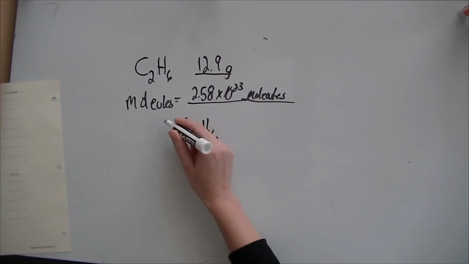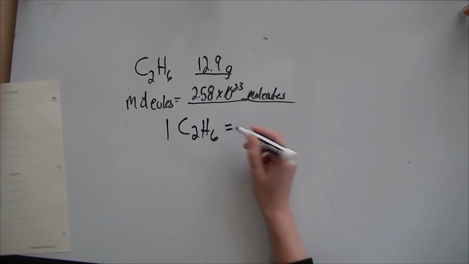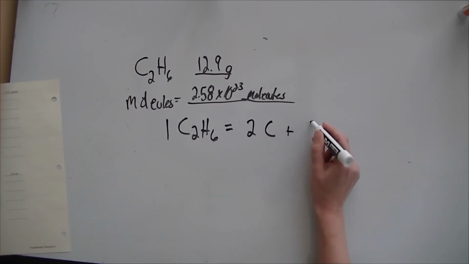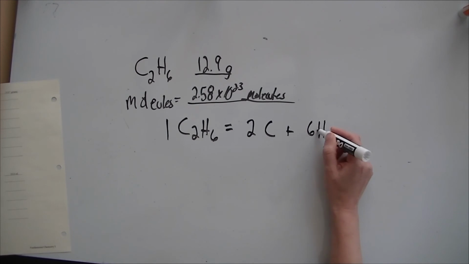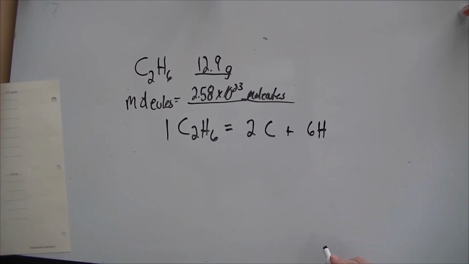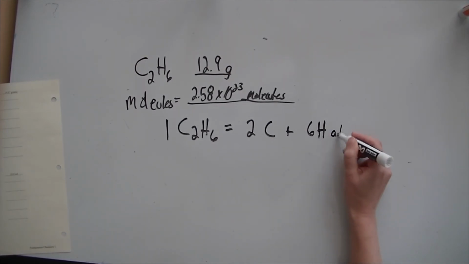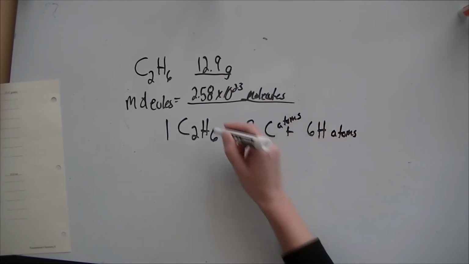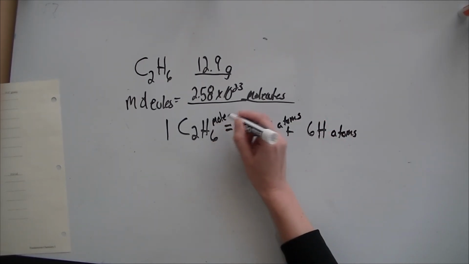Say we have one molecule of that. That means we have 2 carbons and 6 hydrogens. Let's now add the word atoms here, and I'm going to add the word molecules here.